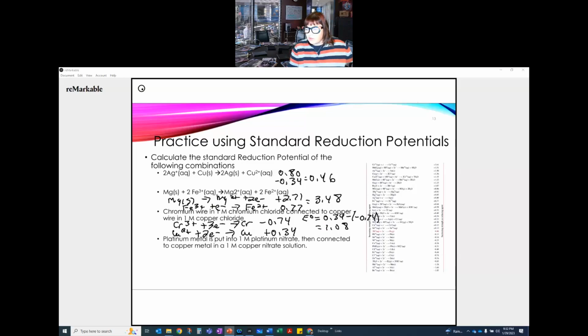And platinum metal and platinum nitrate. I know that I found this previously. I remember looking.